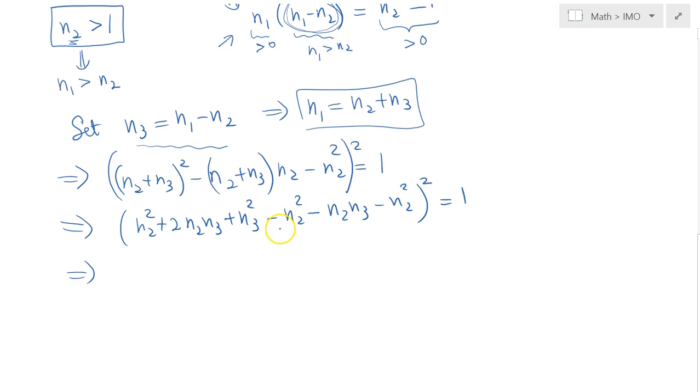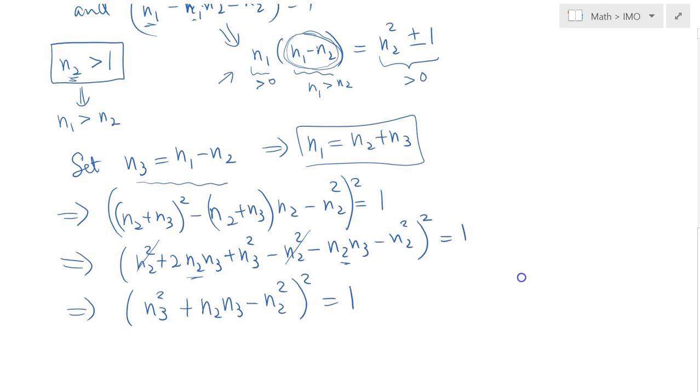Now finally, these two expressions would remove each other, so all I'm left with is n sub 3 squared, and these two will also simplify, plus n2 n3 minus n sub 2 squared is equal to 1.